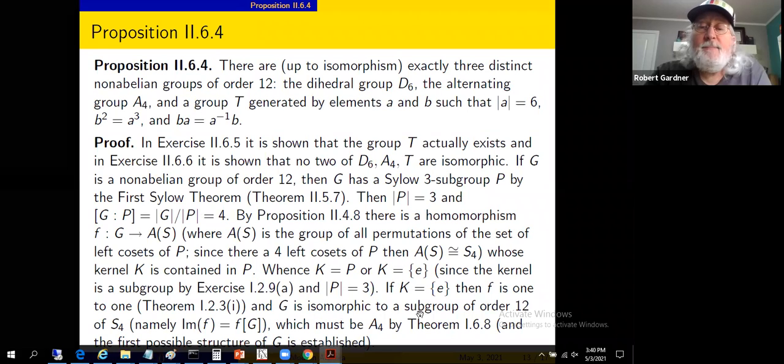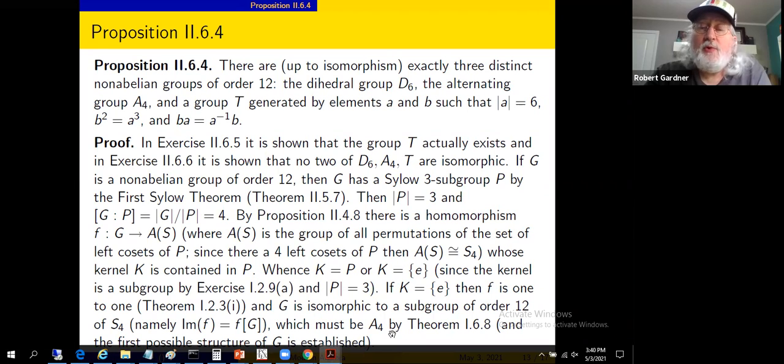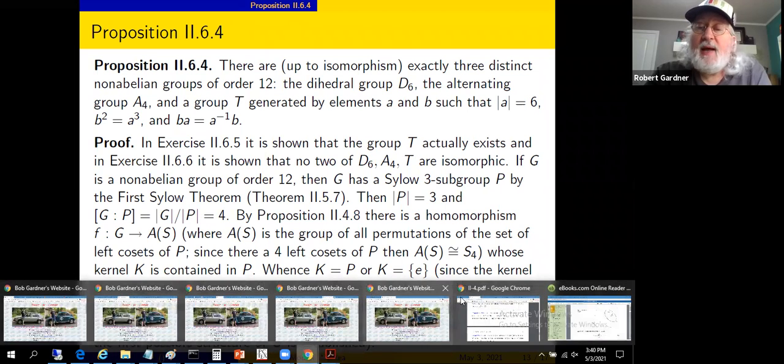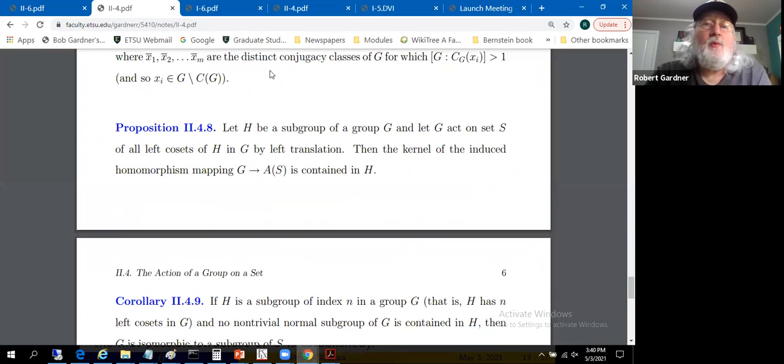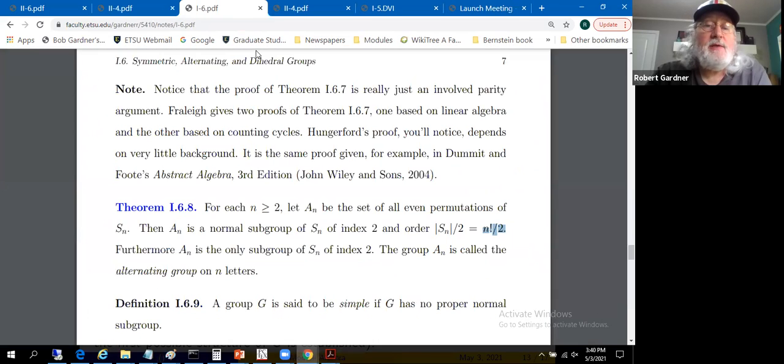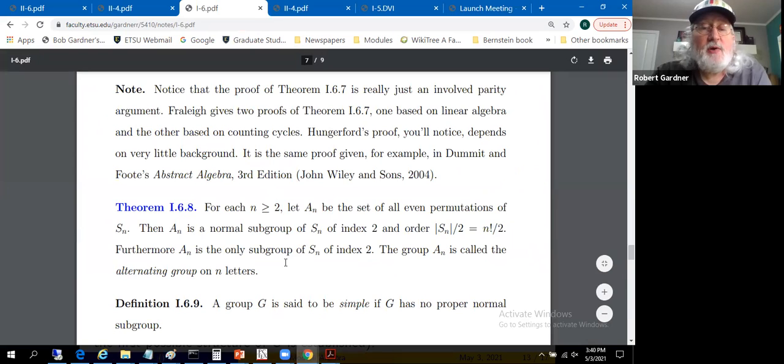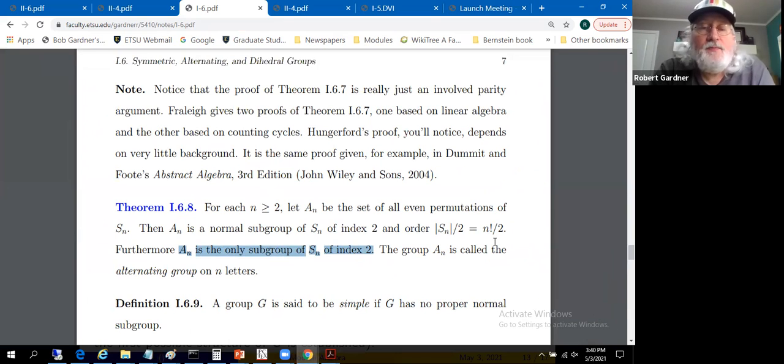G must be isomorphic to the group A4. So says theorem 1.6.8. Let's go back and glance at that real quick. 1.6.8 says, the part that matters, A sub n is the only subgroup of S sub n of index 2. It's the only subgroup of order half the order of the symmetry group, n factorial over 2.